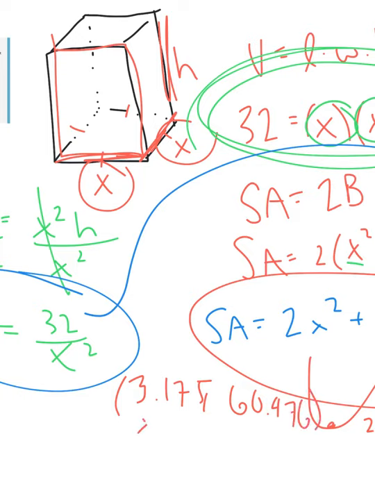This x value really is just the length and the width. Your y value is your surface area because that's the function we were putting in. And the question asks, find the dimensions of the box that will give the minimum surface area.